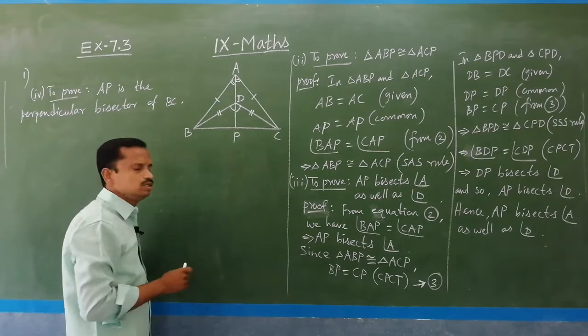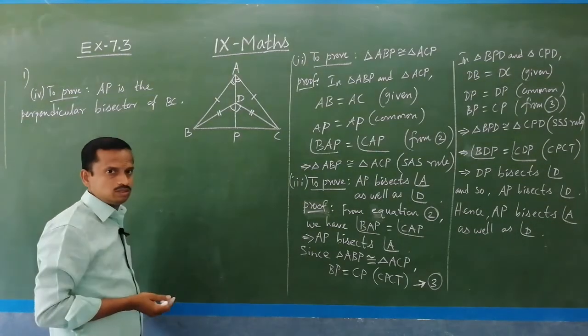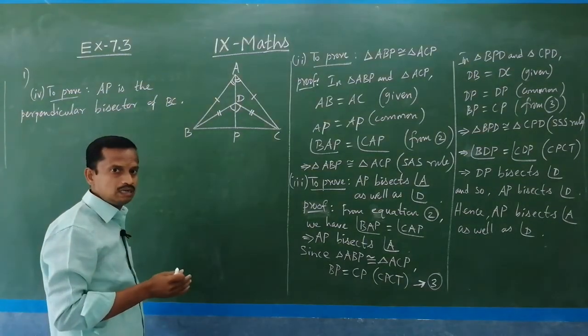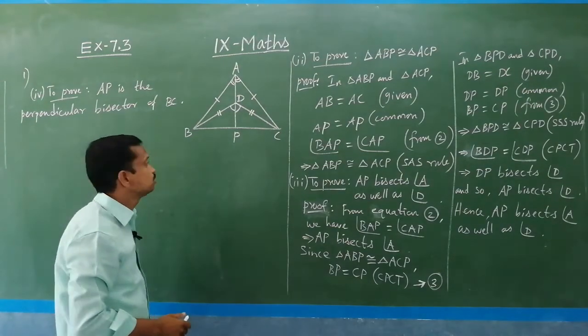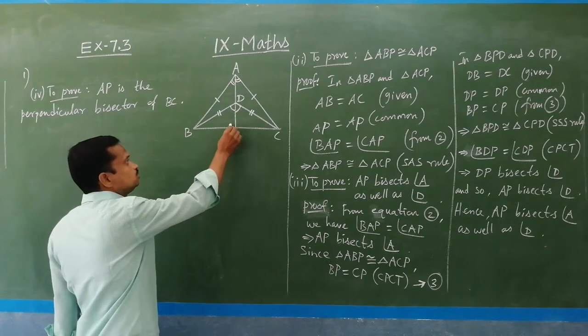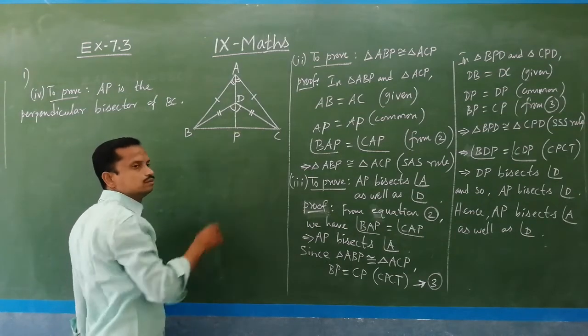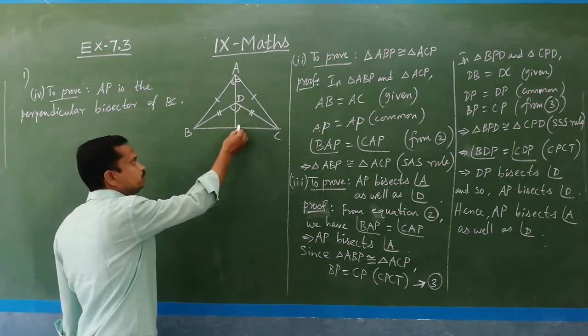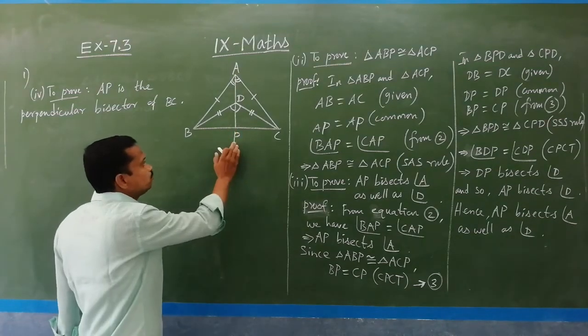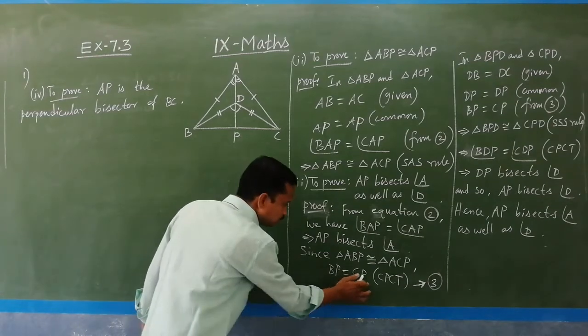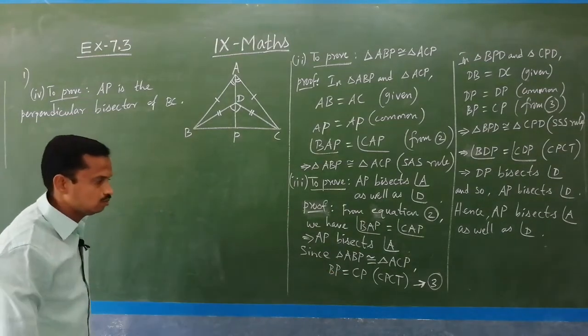Perpendicular bisector means AP should make a 90 degree angle with the base BC. So we have to show these two angles are 90 degrees. And BP equal to PC we already have in equation 3.